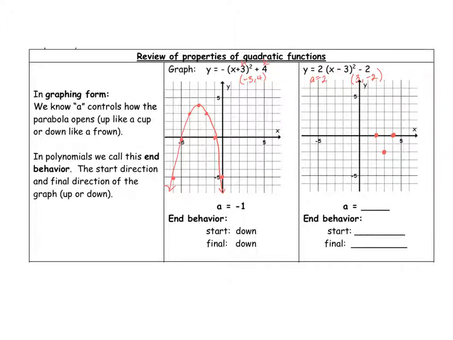And then out 1 and up, instead of 3, we're going to go 6 because of that a = 2. So here we have both ends pointing up, and we have an a of +2. So up and up. So what we can hypothesize at this point is that if a is negative, we end down. If a is positive, we end up.